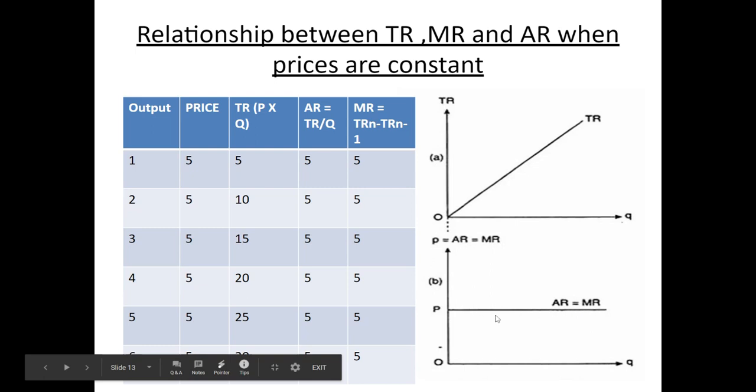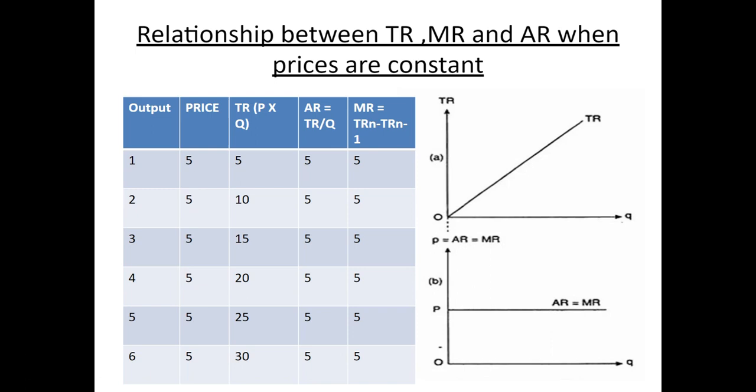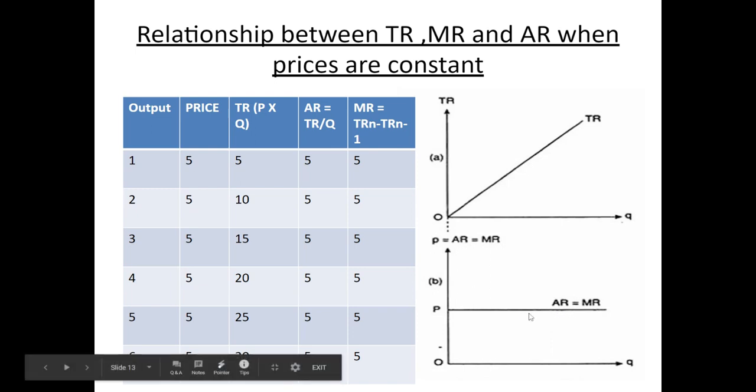So this is the price line, which we can also say the average revenue curve and also the marginal revenue curve. So in case of constant prices, we get AR and MR curves as straight line parallel to the x-axis.